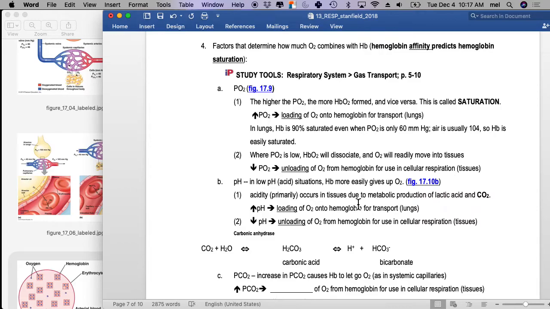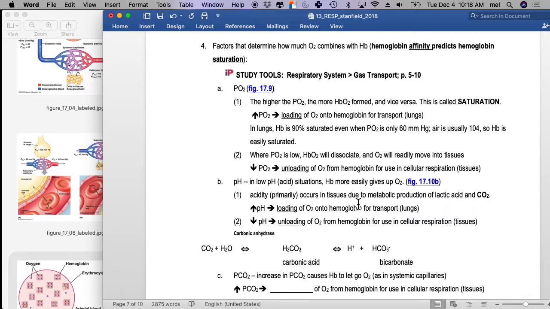Okay, so let's go through each of these and make sure it makes sense before we move on to the next one. In order to predict whether you're going to load or unload, let's look at the factors independently. If you compared PO2 between pulmonary and systemic capillary beds, which one do you predict would have a higher PO2, pulmonary or systemic capillary beds?